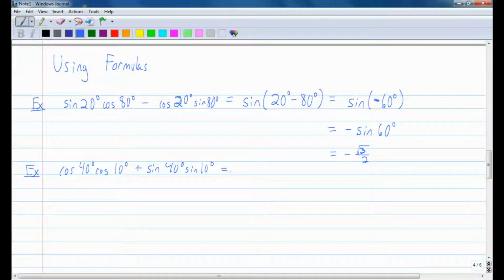That tells us that it is a sum or difference for cosine. With cosine, if you have a plus here, then it's a difference. You have a minus whenever it's set up at the front. So this is going to be the cosine of 40 degrees minus 10 degrees. Alright, and 40 degrees minus 10 degrees, that's the cosine of 30 degrees. And the cosine of 30 degrees is square root of 3 over 2.